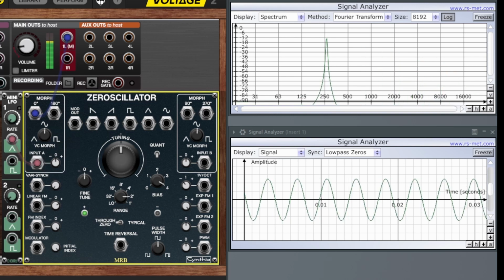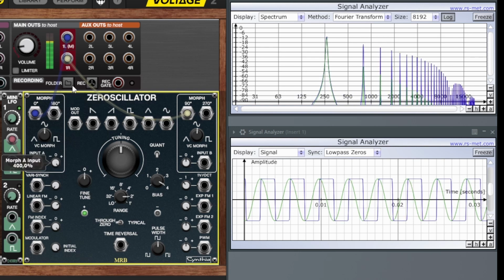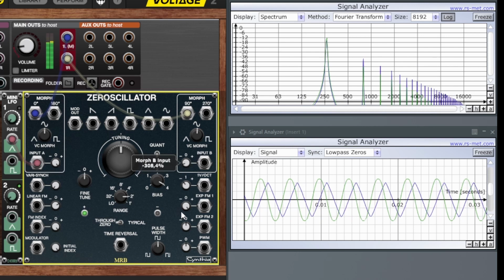In the operating manual, a nice stereo effect is mentioned. We get this effect by using both morph sections and modulating them with the same signal but at opposite direction settings of the attenuverters.